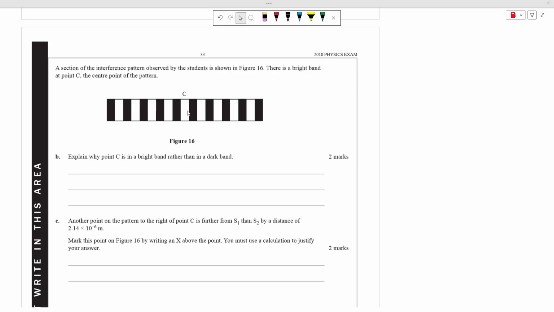Okay, so point C is in the center, so we say at the center that point is equidistant from each slit. Okay, and so therefore the path difference is equal to 0, so constructive interference occurs.